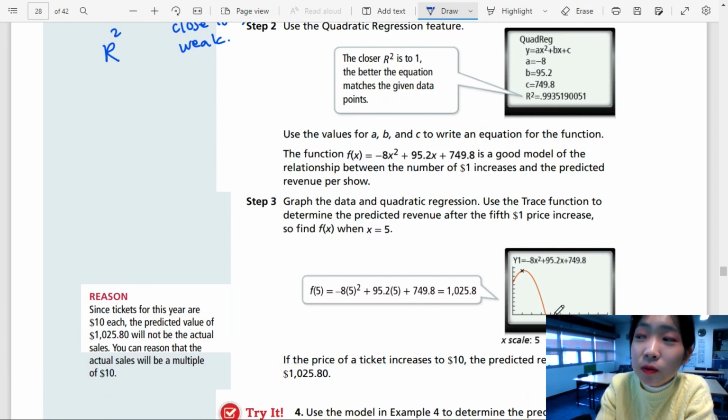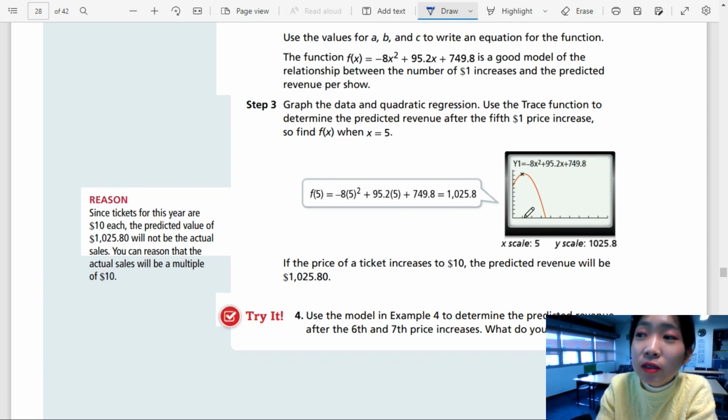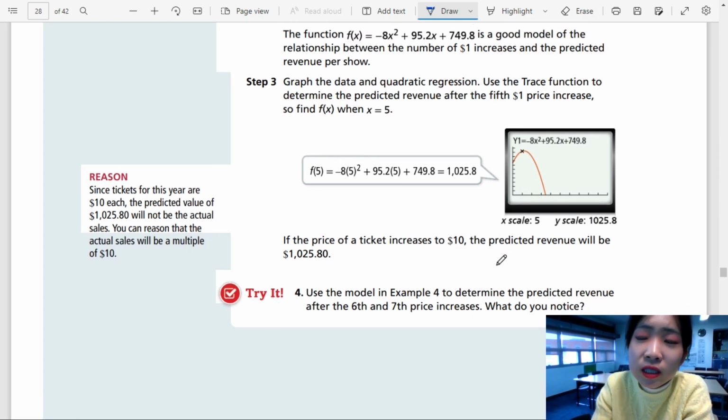So you can graph it as well. You'll see where the graph starts and then where it hits the highest point and then it goes down. So if the price of a ticket increases to 10, the predicted revenue will be $1,025.8. So let's look at try number 4, and we could do this together. Use the model in example 4 to determine the predicted revenue after the 6th and 7th price increases.